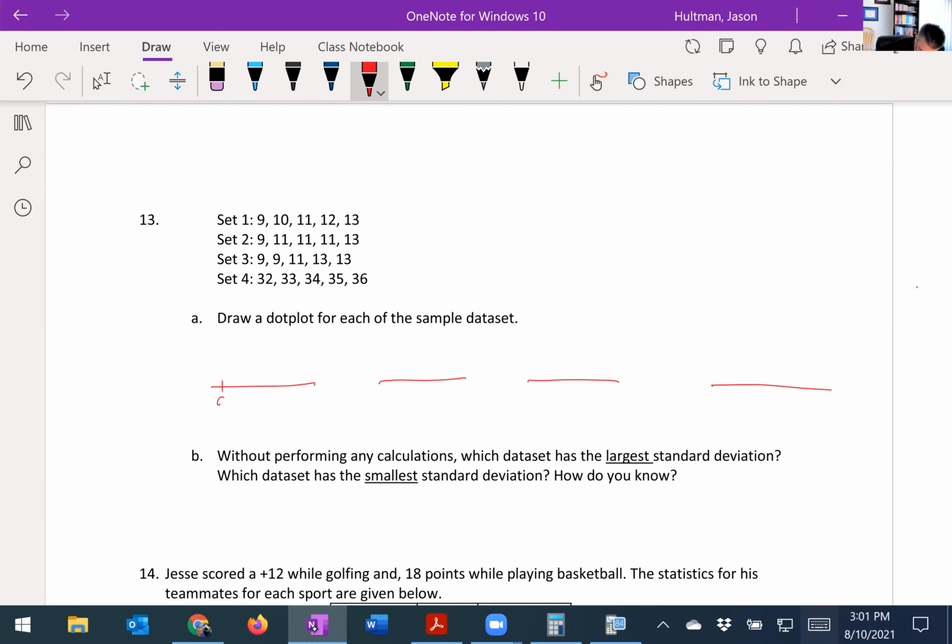So 9, 10, 11, 12, 13, 9, 10, 11, 12, 13, 9, 10, 11, 12, 13. Okay, the other one goes from 32 to 36. The last one, 32, 33, 34, 35, 36.